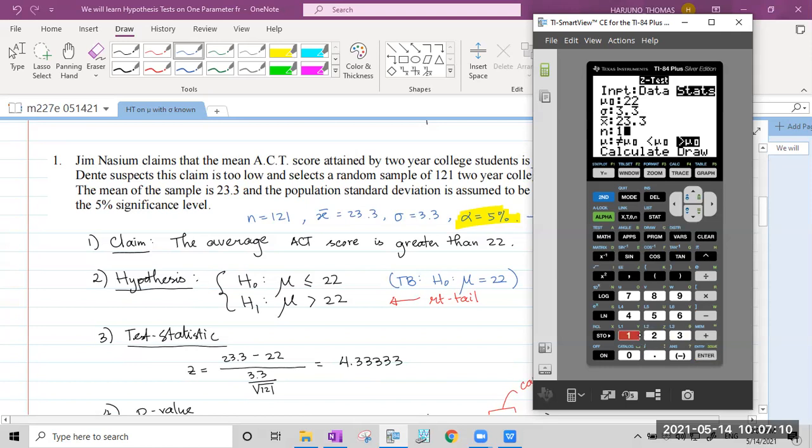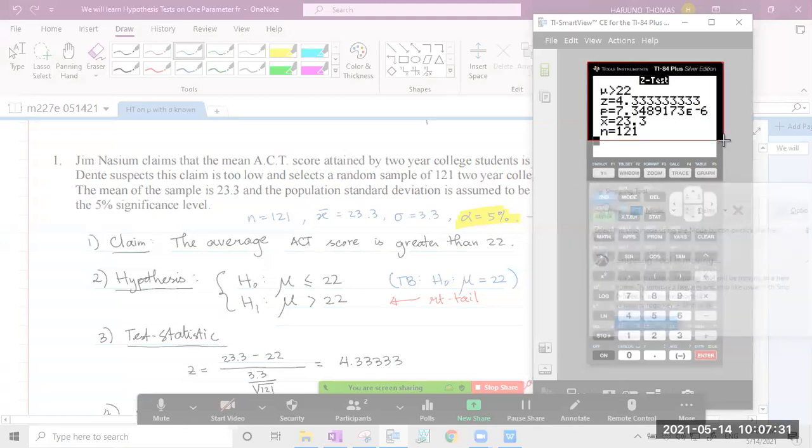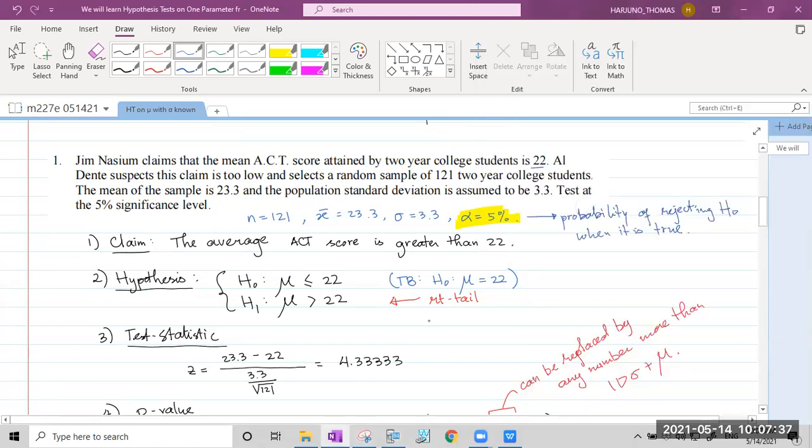Sample size 121. And the alternate hypothesis, you test mu greater than mu naught, greater than 22. Okay, and calculate. Done. Let me post it here.